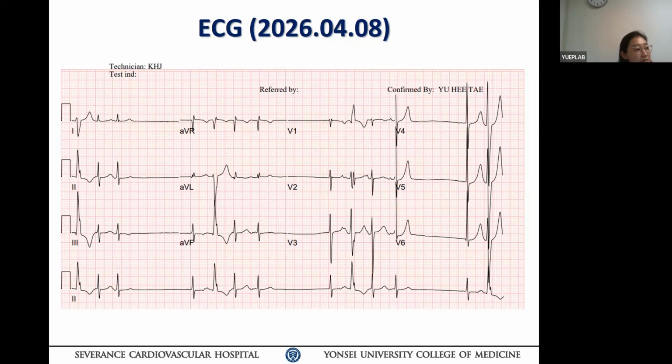Are you sure this patient has long-standing persistent AFib? You may know some history of this patient. Nobody knows that in this room, I guess. It doesn't show the AFib rhythm, so it's hard to say this patient has permanent AFib. Please give us the evidence. How do you determine this patient has permanent atrial fibrillation?